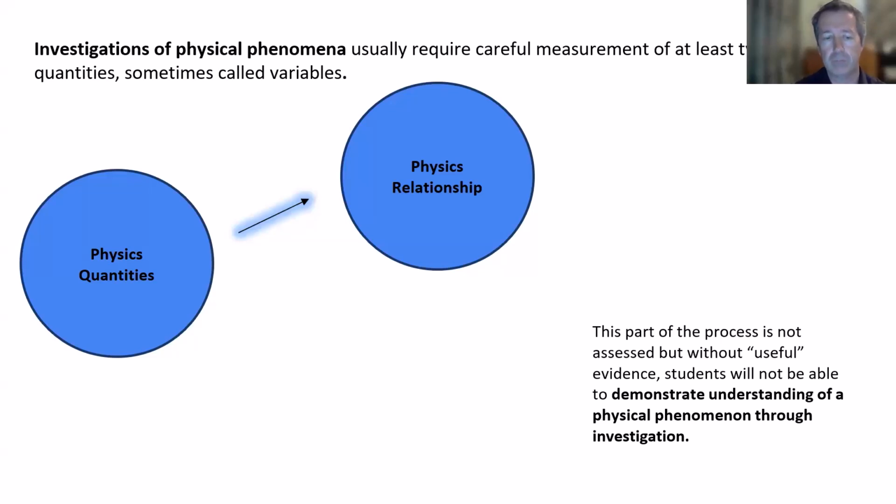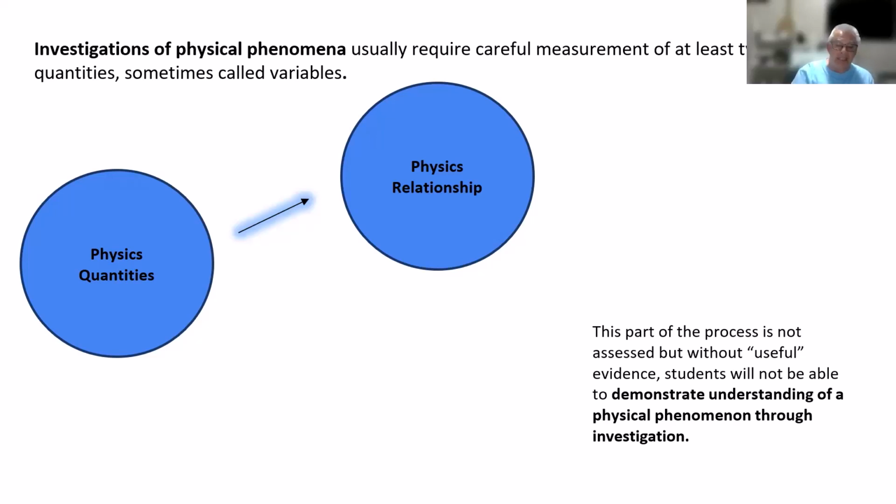So anyway, my very poor picture, this could fit into 1.1. Taking some physical quantities and working out a physics relationship could fit into 1.1, except that students do this and they don't have to write any of it down apart from gathering the results, gathering the evidence.